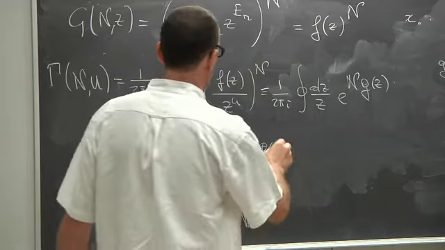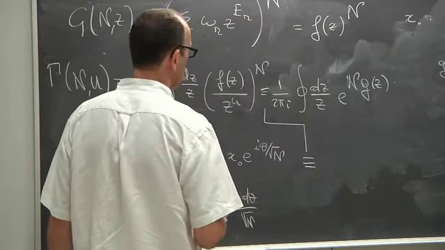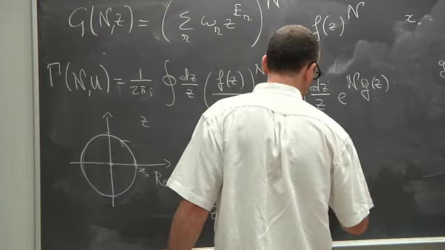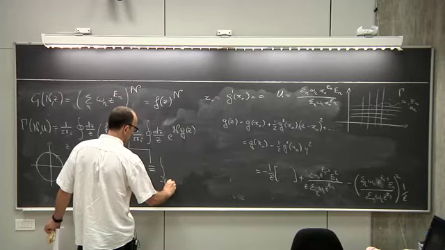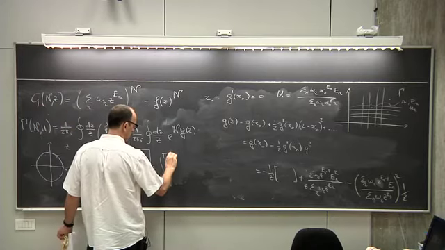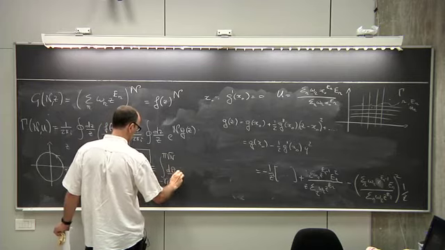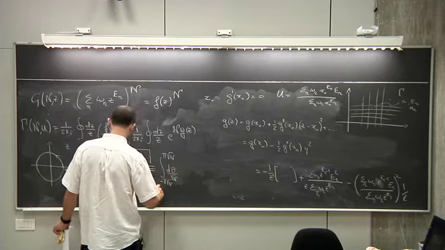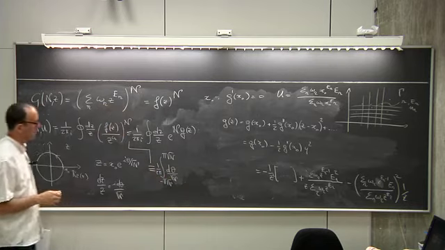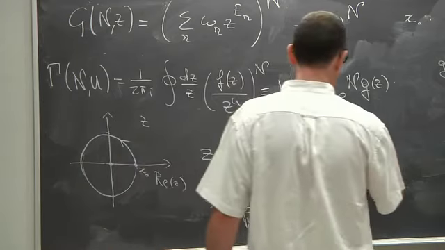So this integral here becomes the integral from minus pi times square root n to pi square root n of d theta over square root n, times 1 over 2 pi. And then I have e to the n g of z.